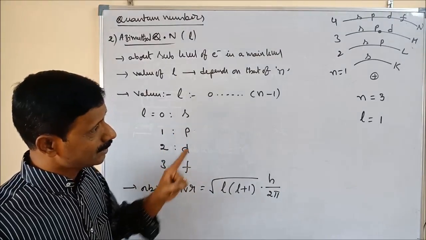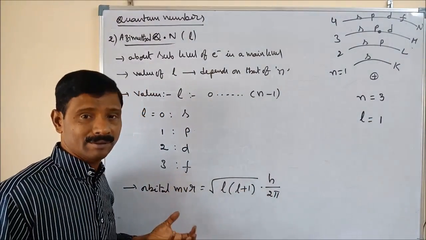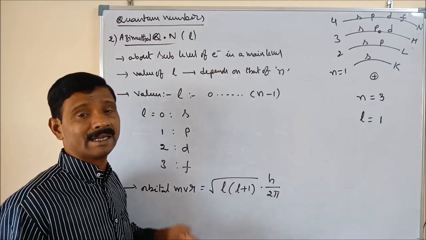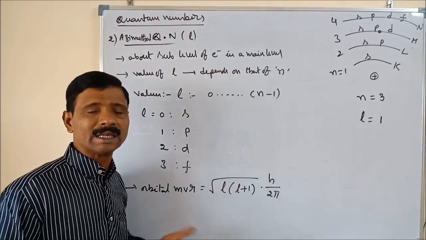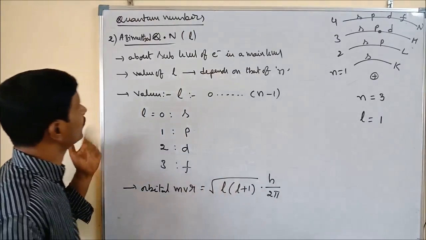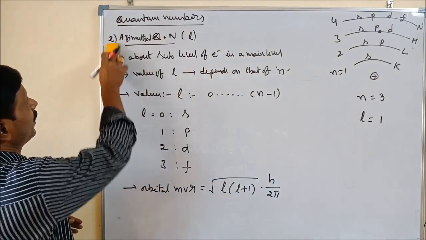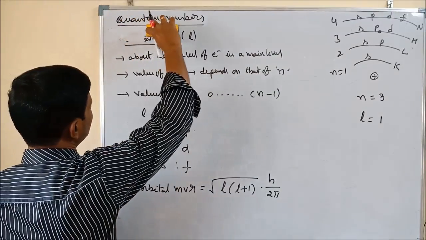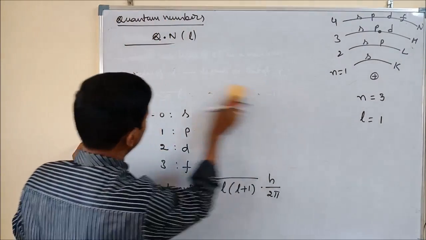So since the electron is present in the p sublevel, in which orbital is that electron present, means in which direction the electronic cloud is arranged, that information we require. So for that, we have the third important quantum number, that is nothing but magnetic quantum number.